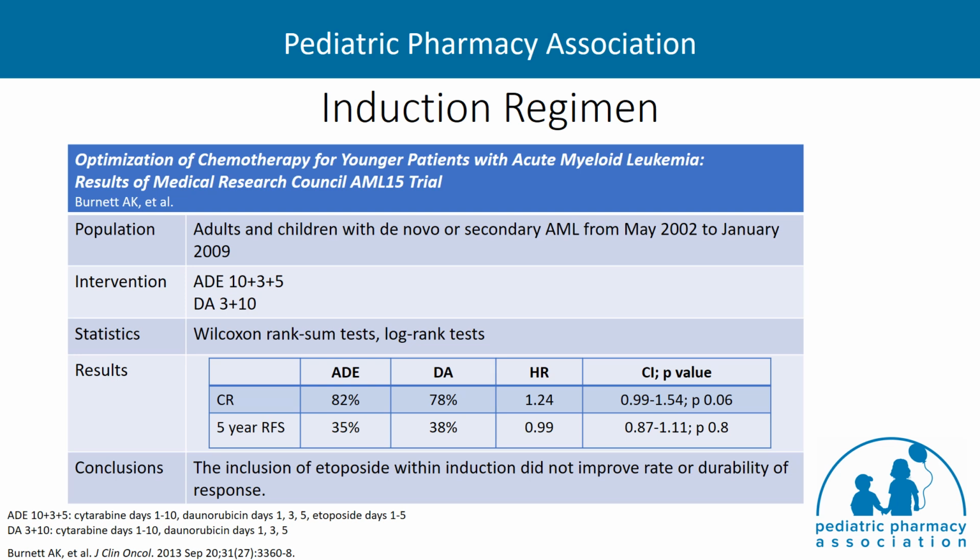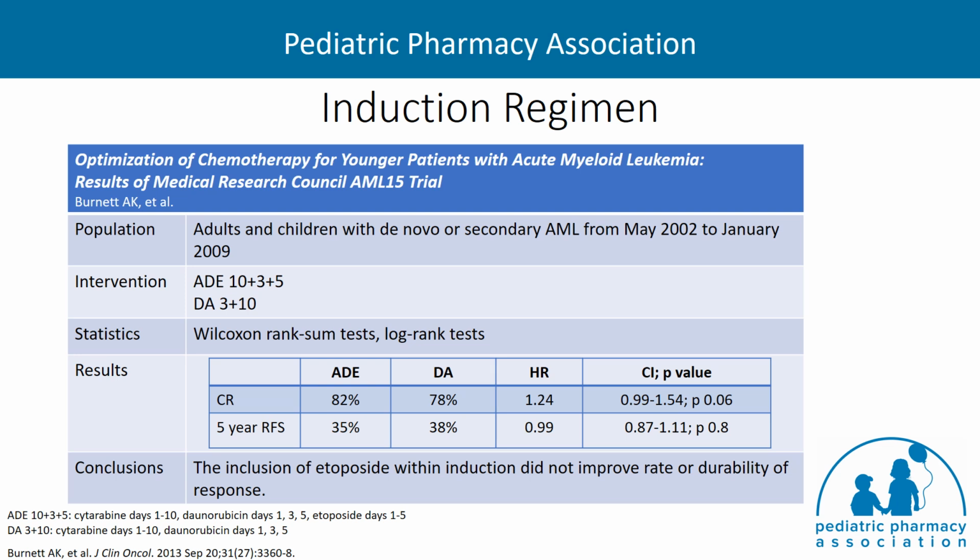So with that being said, this study, conducted by Burnett and colleagues, was published in 2013, entitled The Optimization of Chemotherapy for Younger Patients with Acute Myeloid Leukemia: Results of the Medical Research Council AML 15 Trial. This specific study looked at the inclusion of etoposide within induction regimens and how that affected complete response as well as relapse-free survival, and then ultimately toxicities that patients experienced.